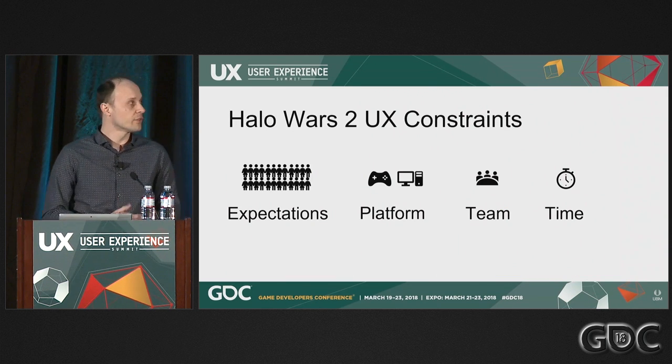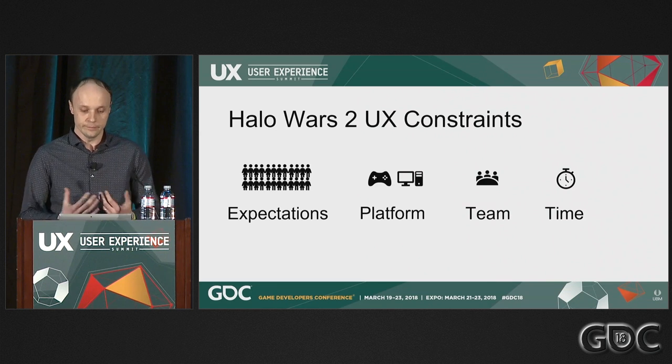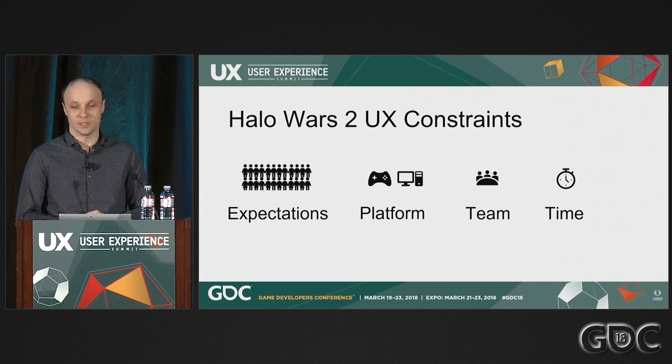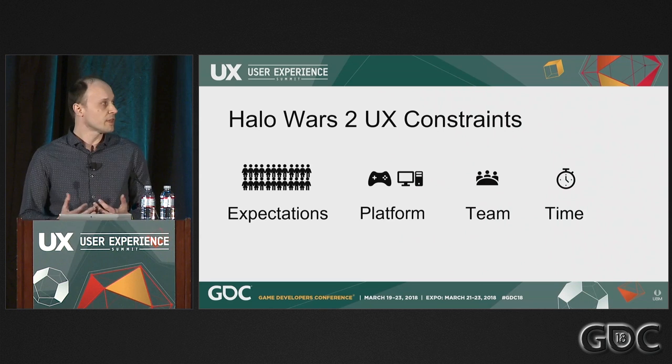As a starting point, it's good to think about what the constraints are for any given game that you work on. Halo Wars 2 is an RTS, a sequel to a game that came out about 10 years ago. Whenever we bring a new title to the Halo franchise, we always have to think about these constraints.